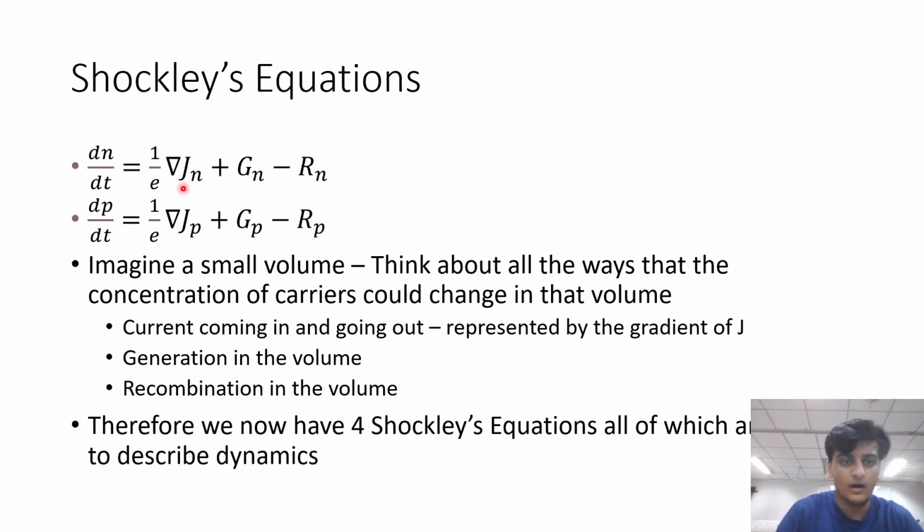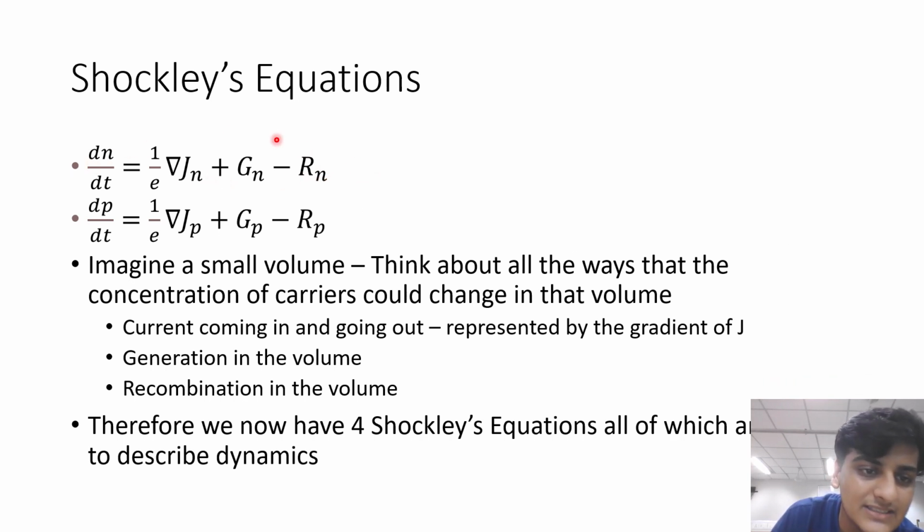And we divide that by e, because we don't want the total charge, we want the number of electrons. So we divide by the electronic charge. Now, this is the first term which represents the difference in the current coming in and current going out, which can increase n. The second term is due to generation, and the third term is due to recombination.